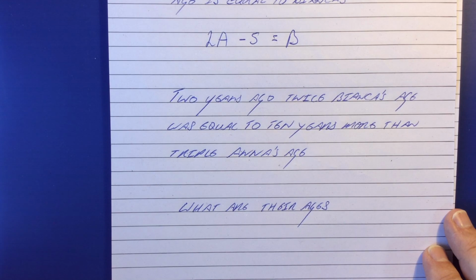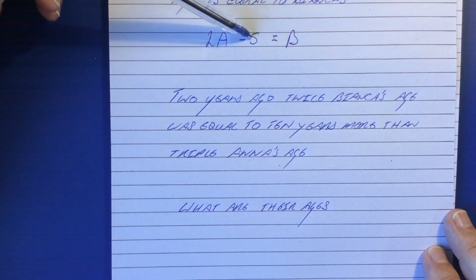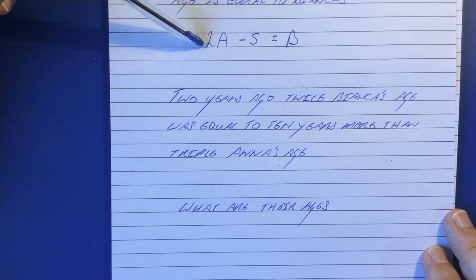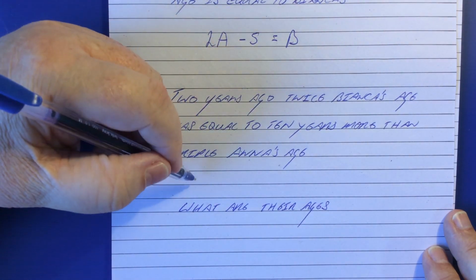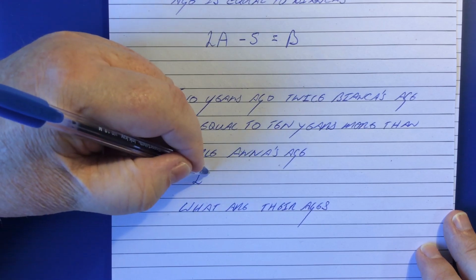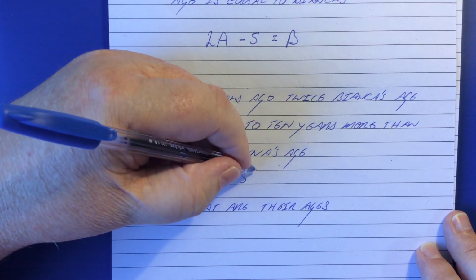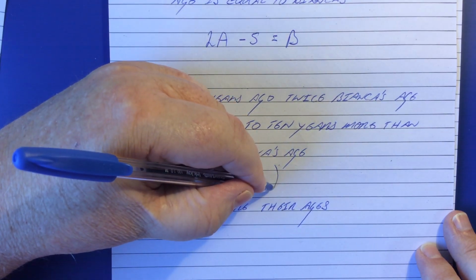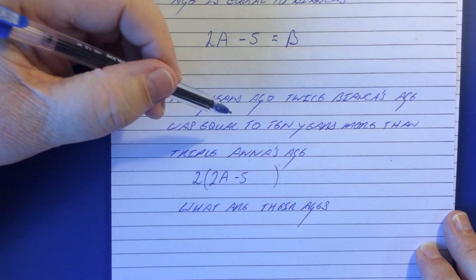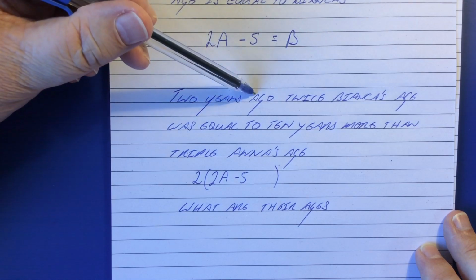We can isolate and solve for a. So let's try that. So we're going to write Bianca's age in terms of Anna's age. So twice Bianca's age would be 2 times 2a minus 5. And I'm going to leave the bracket over here a little bit because we have to factor in one thing too. This is 2 years ago.